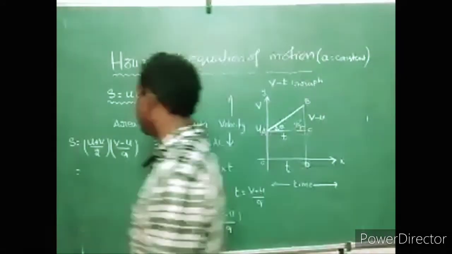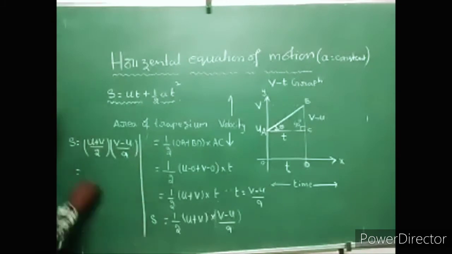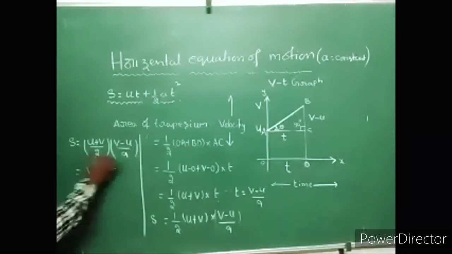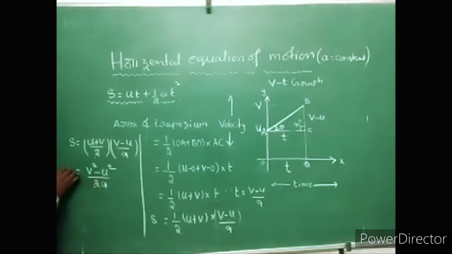We apply that formula, so S equals V square minus U square divided by 2A.